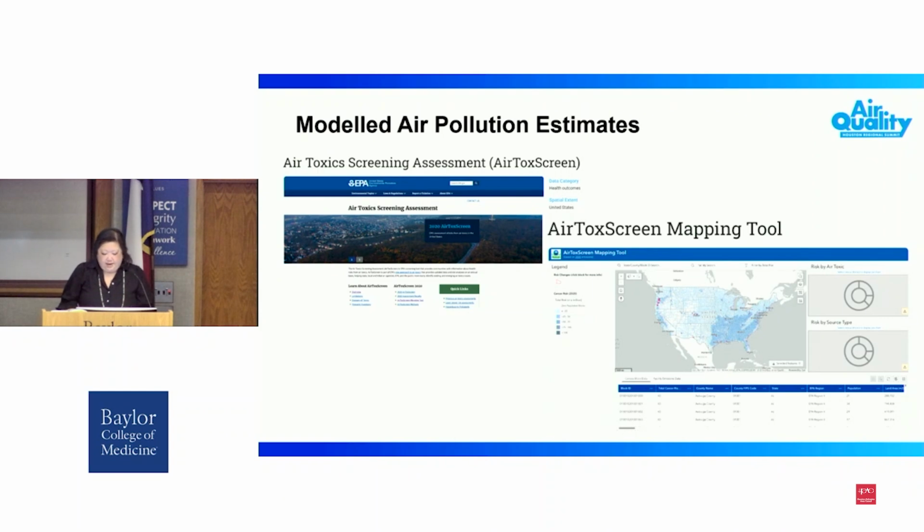And lastly, on my data sources, I've got modeled air pollution estimates. So really this is AirToxScreen, which was formerly known as the National Air Toxics Assessment, or NATA, and it combines emissions, dispersion modeling, and exposure data to estimate cancer and non-cancer risks of hazardous air pollutants.